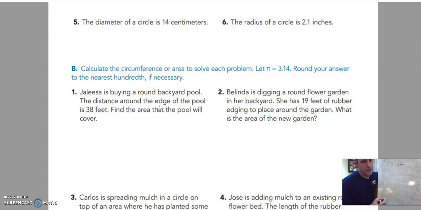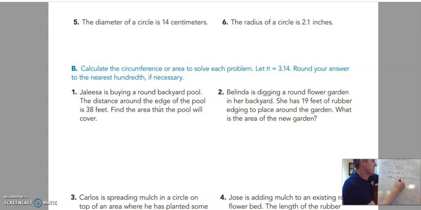Then they want us to figure out the area. So we're going to have to do a little bit of unpacking and then revamping to get our area. Because in order to get area, we need the radius, right? Pi r squared. Now, to get the radius, we need to remember that circumference is 2 pi r. We know the circumference is 38, and 2 pi r.